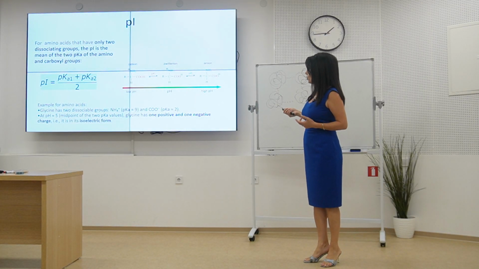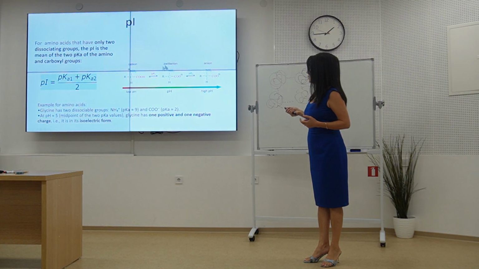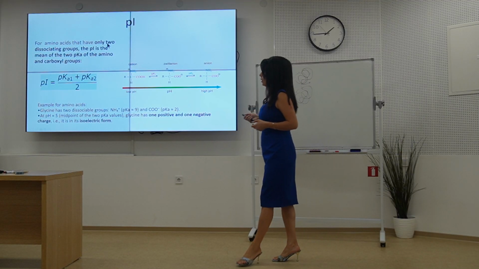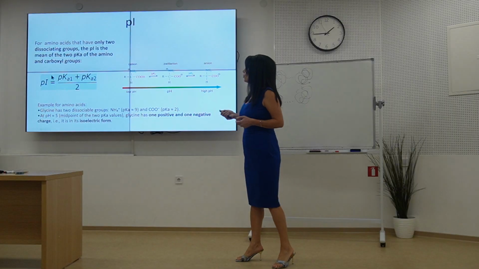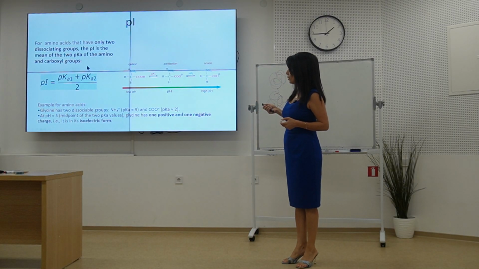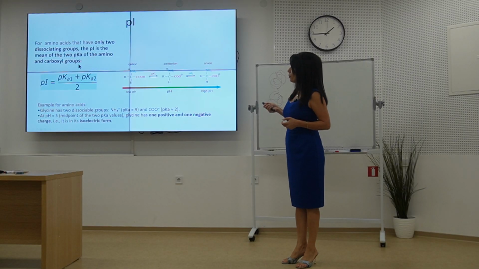They are the carboxyl group and the amino group. The PI is the mean of the two pKa, the dissociation constants of the amino acid.